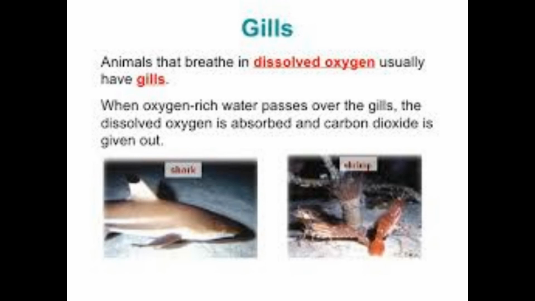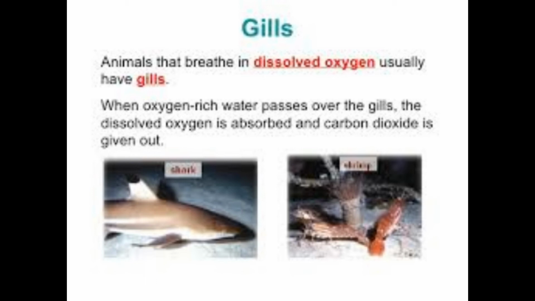Gills. Animals that breathe in water use dissolved oxygen through their gills. You know how it happens. The gills are just lung-type structures which are efficient in absorbing dissolved oxygen.